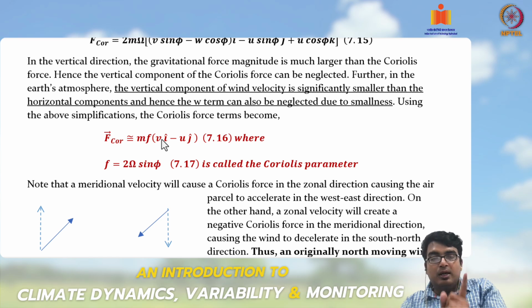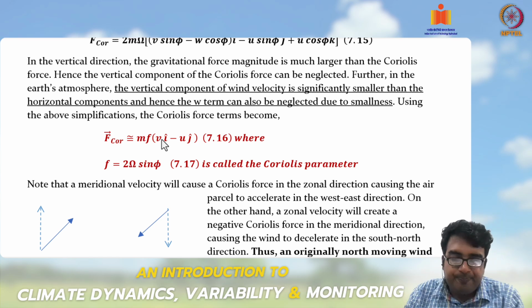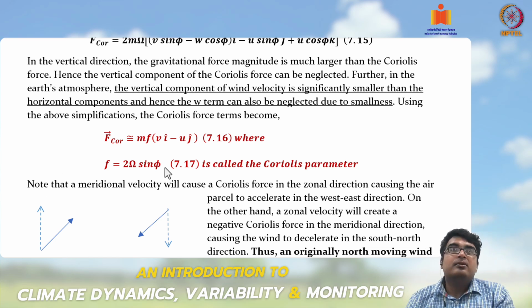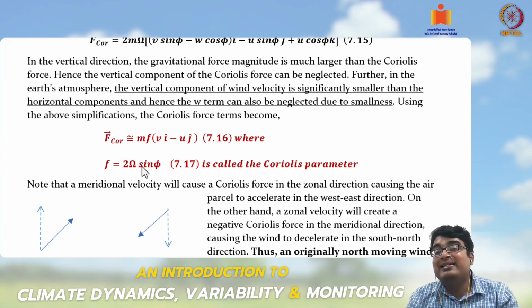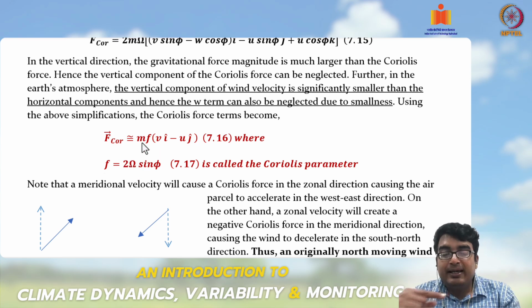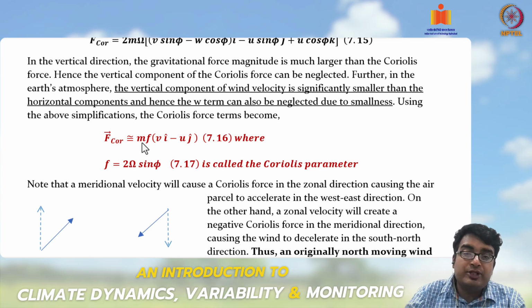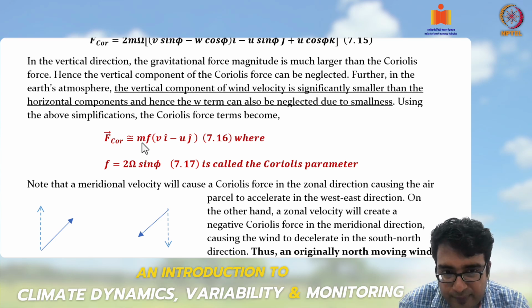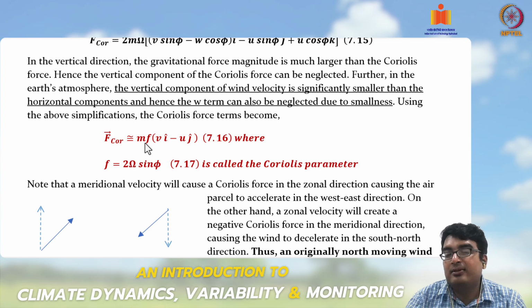Clear? One other point. Phi is 0 to 90 in the northern hemisphere, 0 to minus 90 in the southern hemisphere. So, the f term is negative in the southern hemisphere. So, we have the exact opposite case in the southern hemisphere, because you have a minus term here because of the sine phi.